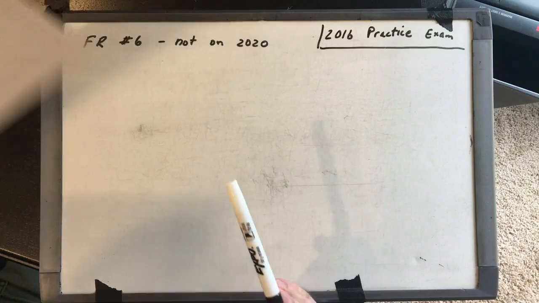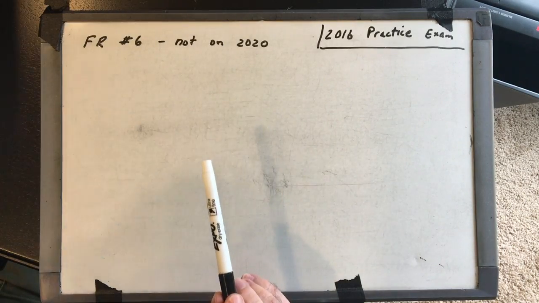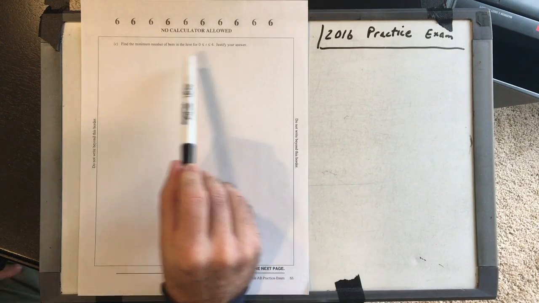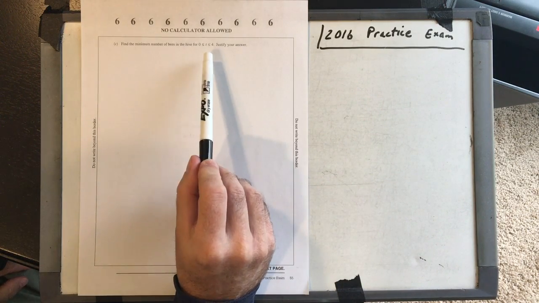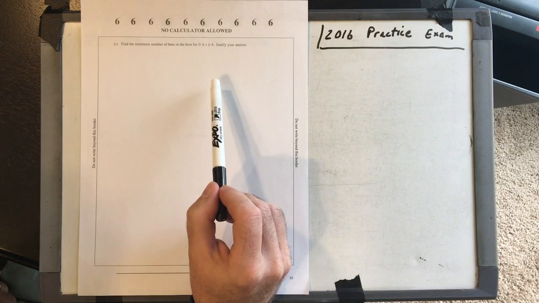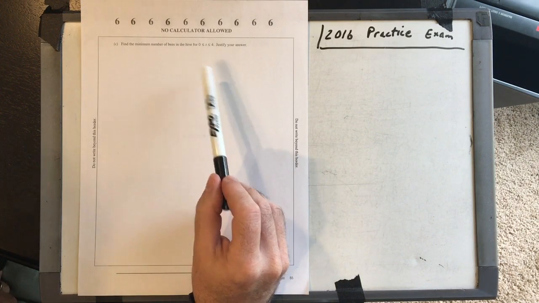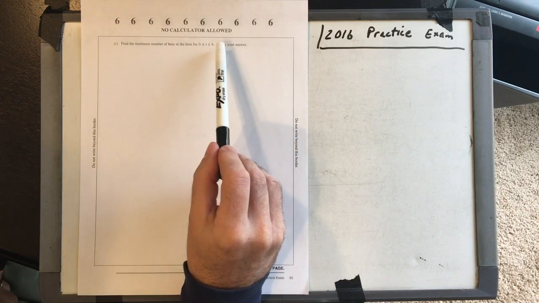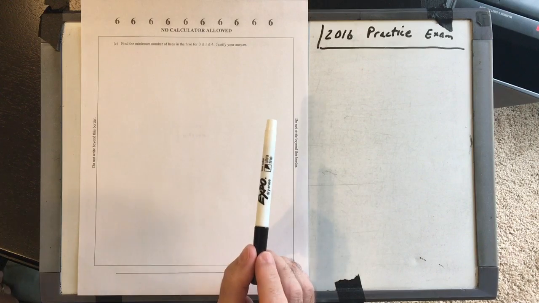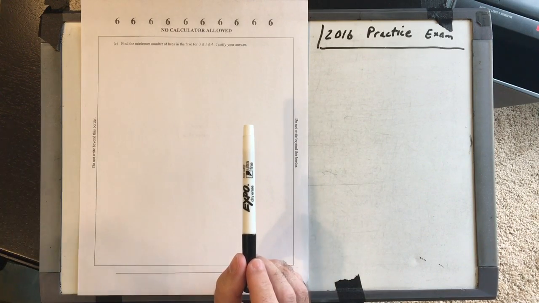And then part C says find the minimum number of bees, and integration would be involved there. It's possible something like that could be on there, but it wouldn't be in this form because the first two parts involve integration. So you would have to look at the endpoints and a critical point, but this isn't really a good problem to use to explain that.